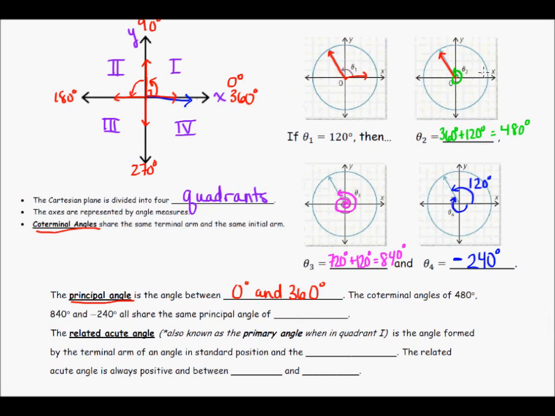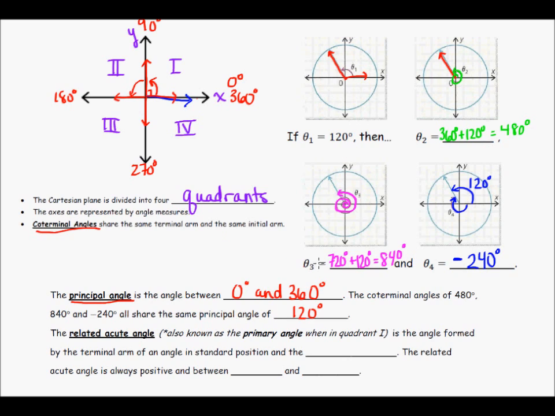So these coterminal angles of 480 degrees, 840 degrees, and negative 240 degrees all share the exact same principal angle of 120 degrees. 120 degrees is the principal angle because it's the measurement between 0 and 360 degrees that represents this same terminal arm. Although the other angle measurements also represent that same terminal arm, they're not referred to as the principal angle because they're not the measurement between 0 and 360.